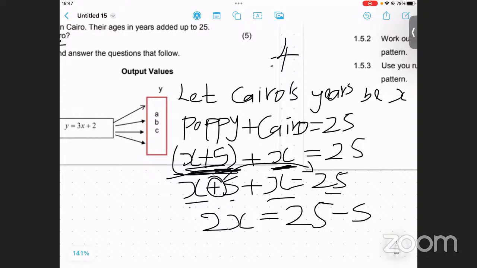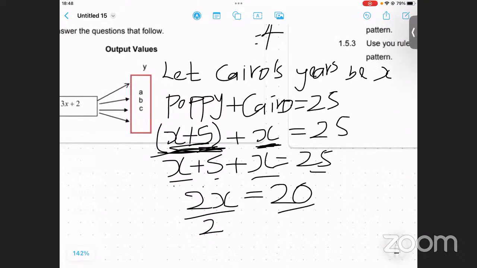So 25 minus 5 is going to be 20. So 2x is equal to 20. Now we divide everything by 2 because we want the value of x, so we can calculate Cairo's age.